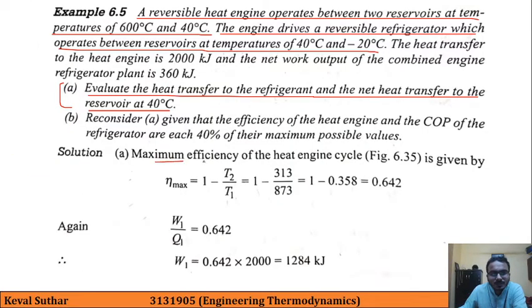So the maximum efficiency of the heat engine cycle is given by this formula. So we are getting this efficiency, and again W1 upon Q1, that is our maximum efficiency, eta maximum.